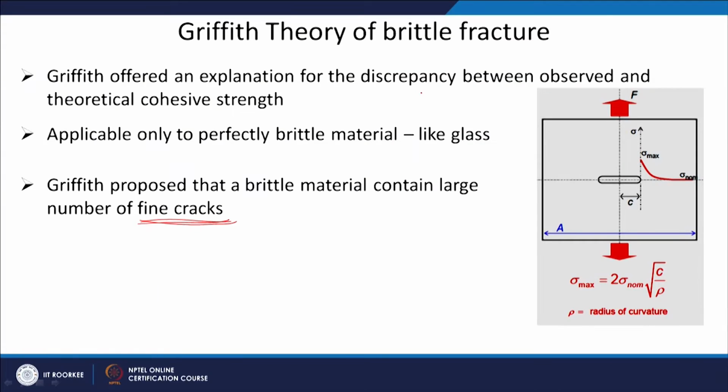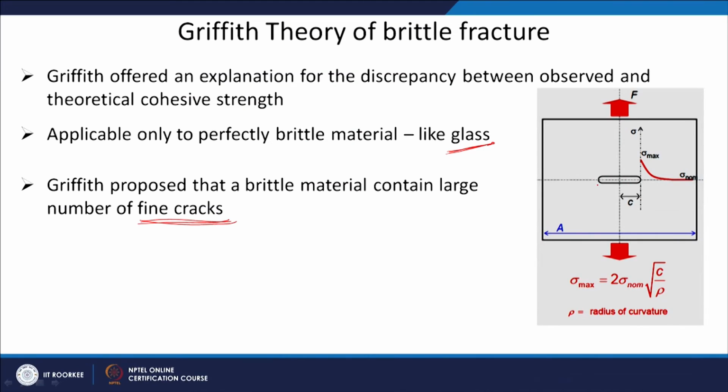So, Griffith offered an explanation for the discrepancy between observed and theoretical cohesive strength. Of course, what he offered was only applicable for brittle material like glass, not even brittle metals. And Griffith proposed that brittle material contains a large number of fine cracks.